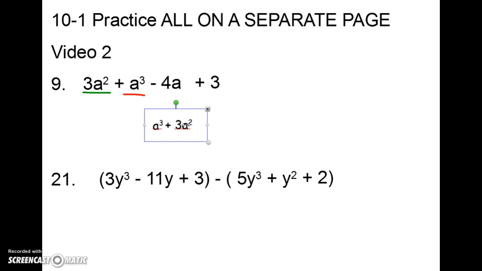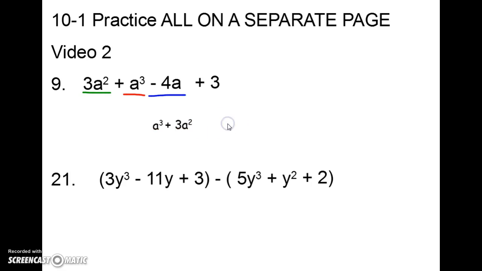Okay? And then next we just move to our regular a's, noting however that it is a negative 4a that we have next. So we will place that onto our answer here. I can get my subtraction sign to go down low here for me.